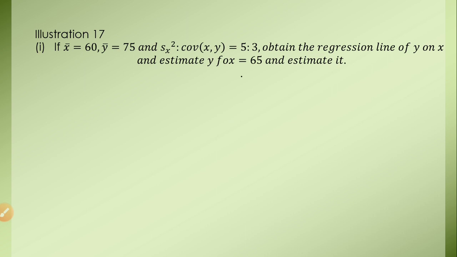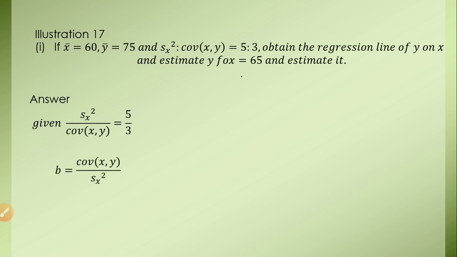Now what is this actually? The first criterion is you should know all the formulas of b. This is compulsory, you have to learn the formula. You can see what is given in the question is Sx square upon covariance xy, 5/3. Now your formula for b looks like just the opposite of that.